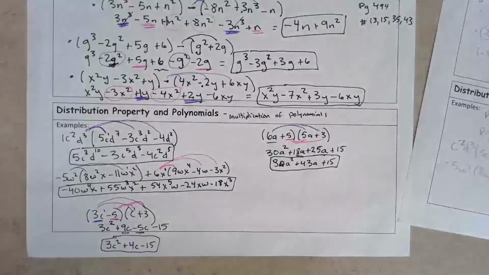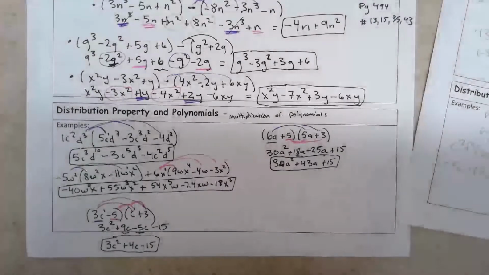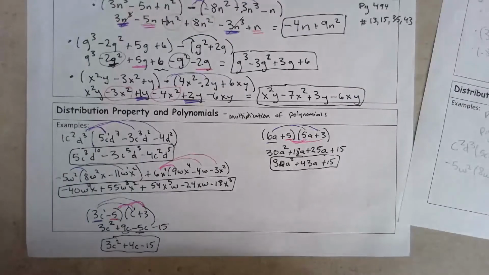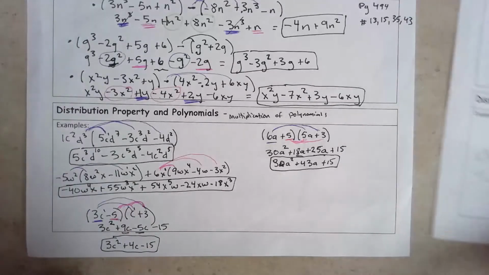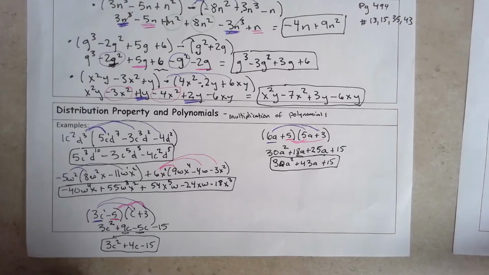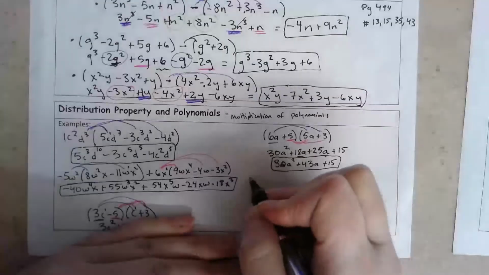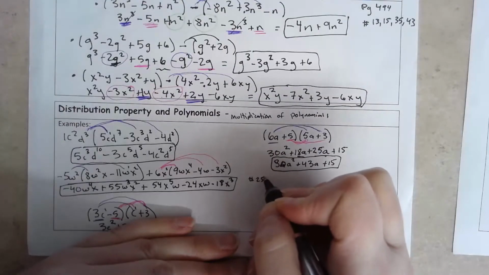Okay. The next two are from your assignment. I'm going to do them for you together on your notes, so you don't have to do them on your assignment. They're just a little bit more tricky. So this is number 25.